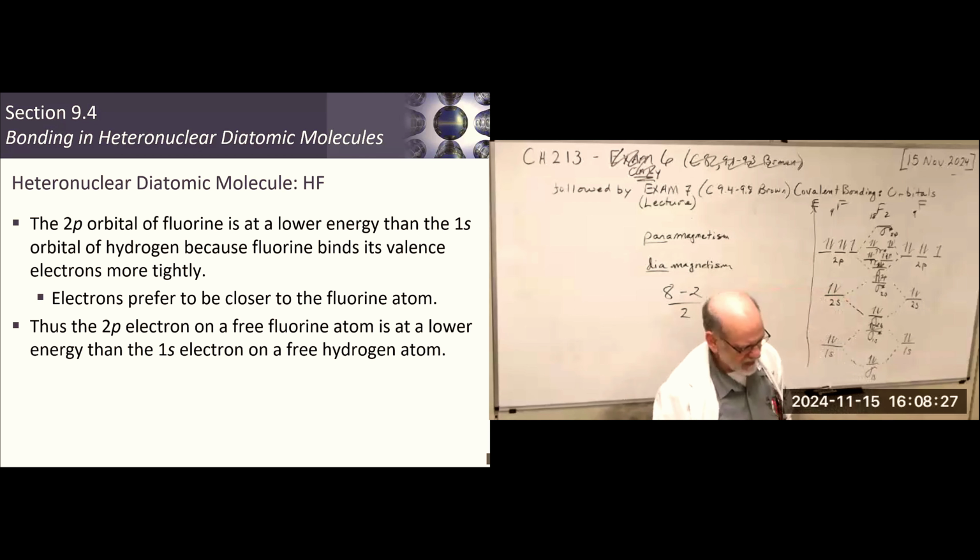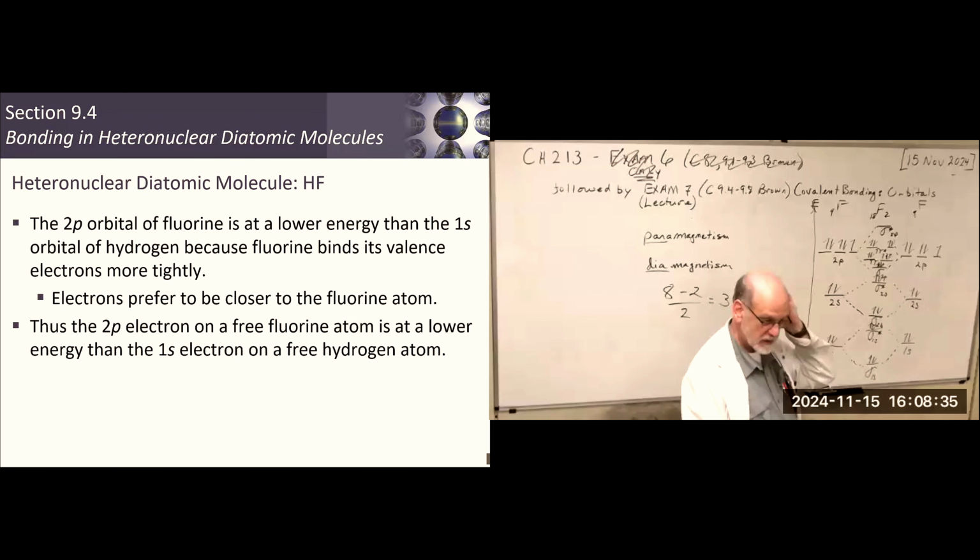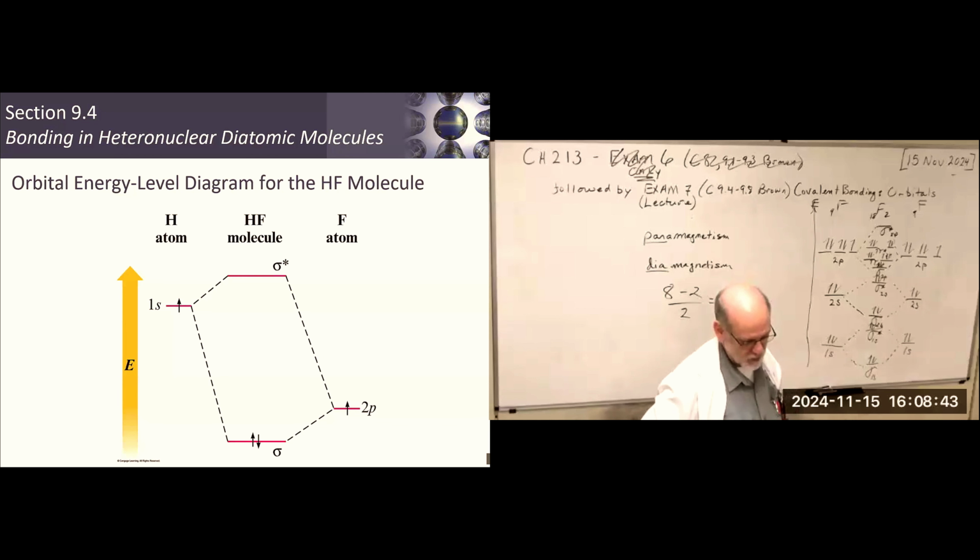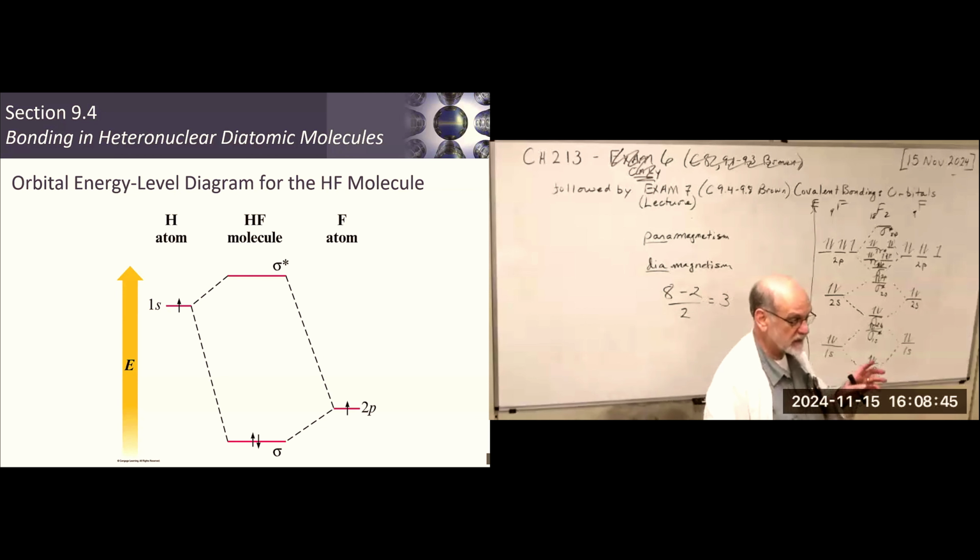What happens when you combine hydrogen and fluorine? Fluorine has 1s, 2s, and 2p orbitals, and hydrogen has a 1s orbital. That's the only thing that can be combined. Since hydrogen only has one proton, the 1s orbital is very high energy relative to the 2p orbitals of fluorine, which has 9 protons in its nucleus and draws those orbitals in closer.